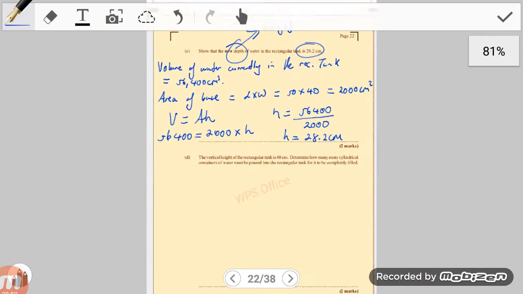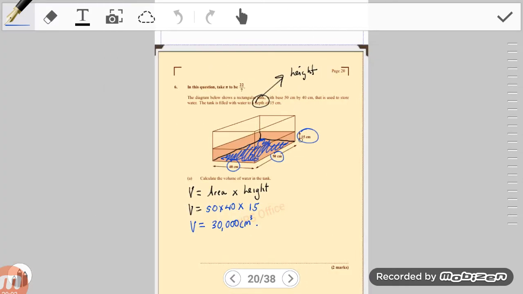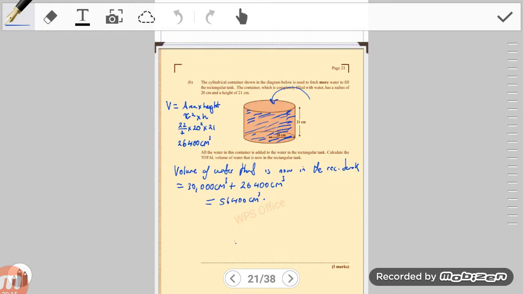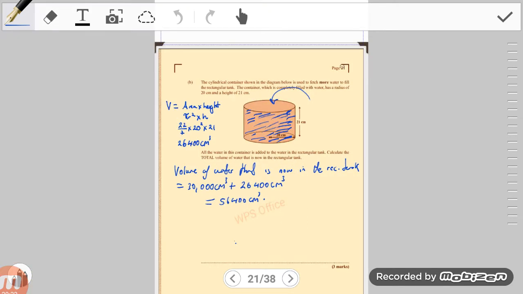We knew initially, and let's just go back to that page. Initially when we started the question, we knew that the height of the water was at 15 centimeter. So that height of the water would have actually been a portion of the actual height of the container. We poured some water from this cylindrical container into this rectangular container, and that increased the height now to 28.2.